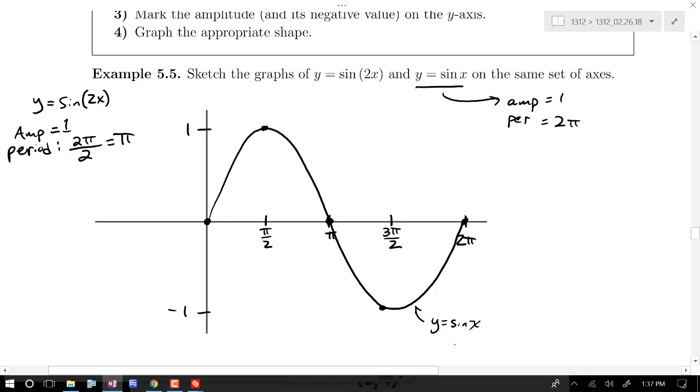Now let's graph the sine of 2x. That has a period length of pi, so we've got to cut that up into fourths. So there's pi over 2, so this would be pi over 4, and this would be 3 pi over 4. And while we're at it, I may as well include the other ones. This would be 5 pi over 4, 7 pi over 4.